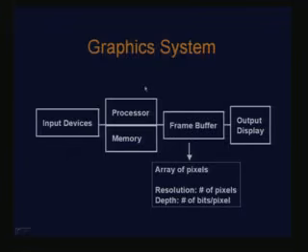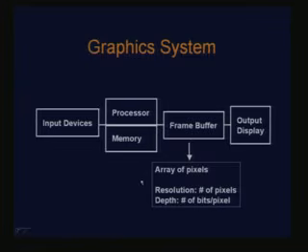Now, if I want to see it more as a system where I have the hardware which is used, I can see this as basically a collection of some input devices, for instance keyboard, mouse and so on, a unit which has the capacity of processing and some memory in it, which does the churning, and then I have what I call the frame buffer, which is nothing but, as far as the representation is concerned, something like an array of pixels.